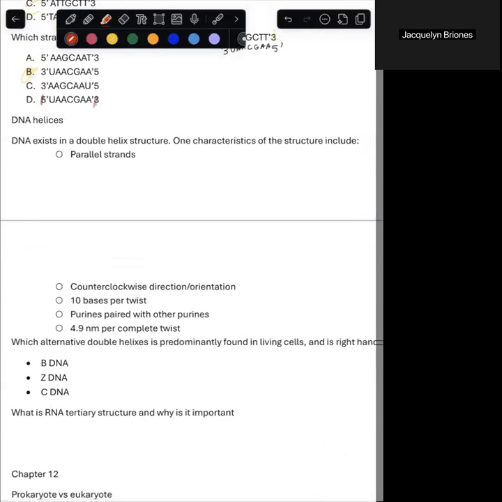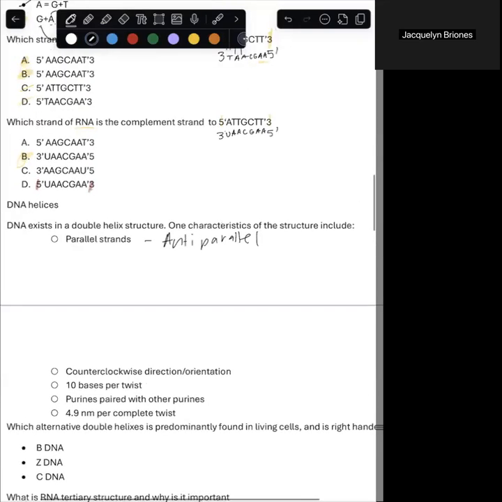Okay. DNA exists in a double helix structure. One characteristic of this structure includes blank. So parallel strands. Based on the questions we had before and what we know, DNA is anti-parallel because we have your 3s and your 5s.